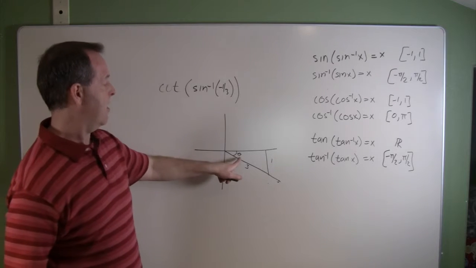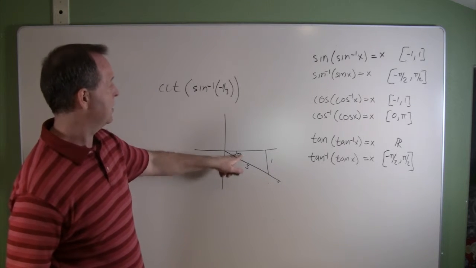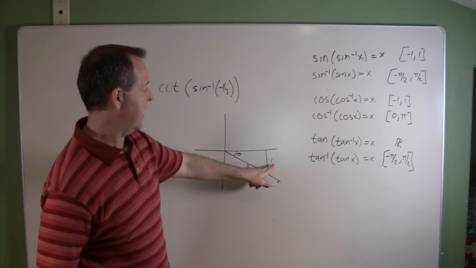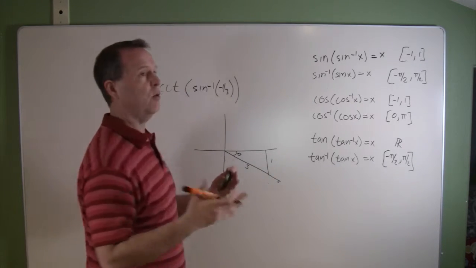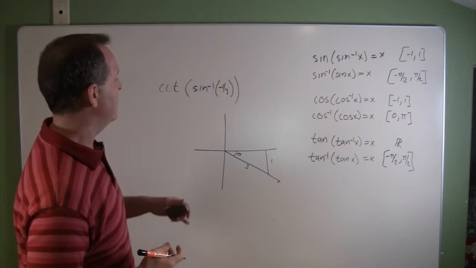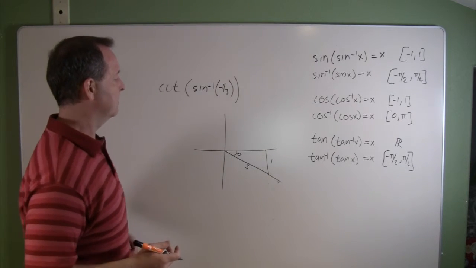Sorry about that, I was talking about its sine, which is -1/3, which means it's its opposite over its hypotenuse. And that value is 1, in the negative direction.